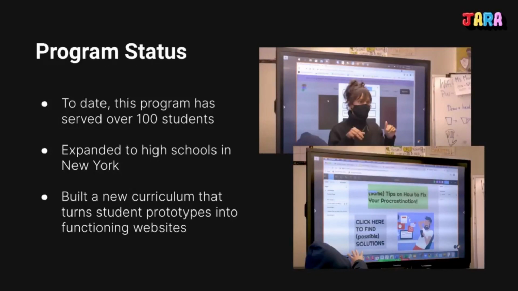And in another iteration of this program that we implemented, we actually had the students build functioning websites in Webflow, which was another iterate word of the day. But it was great because they were able to take some of the prototypes that they built in the first phase of this and actually build a website so that they could share it with their family and friends, and links, etc. All of that was completely working and functioning.